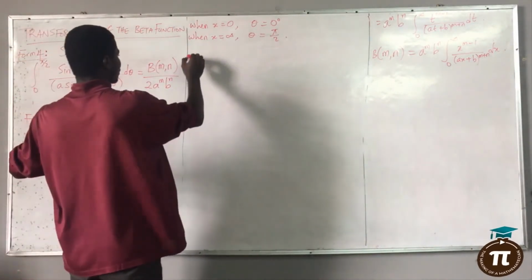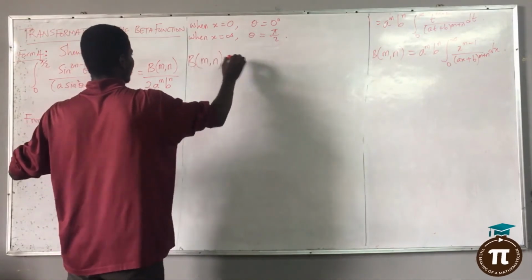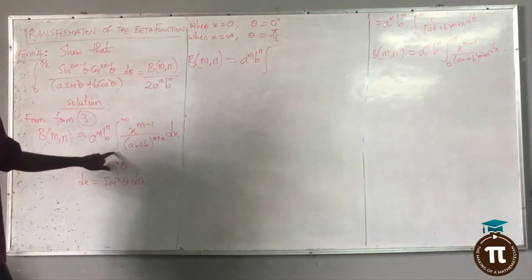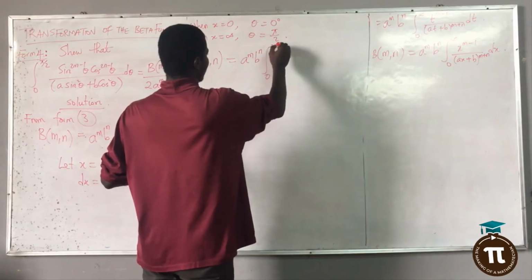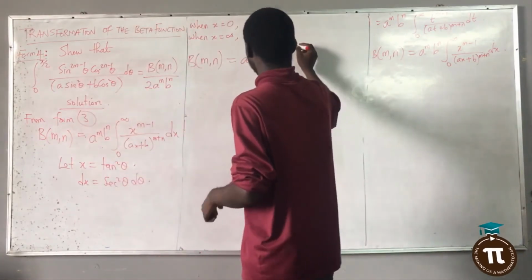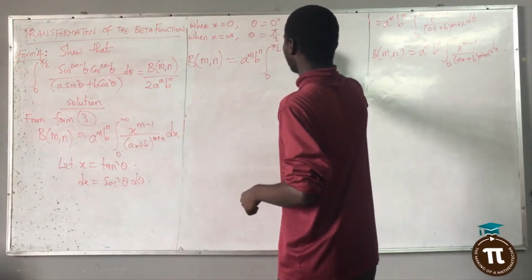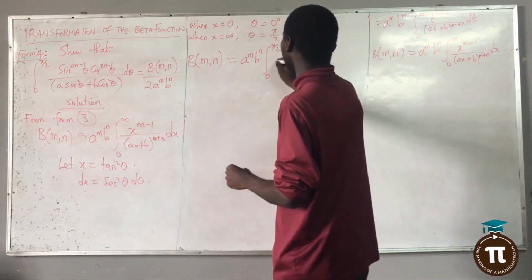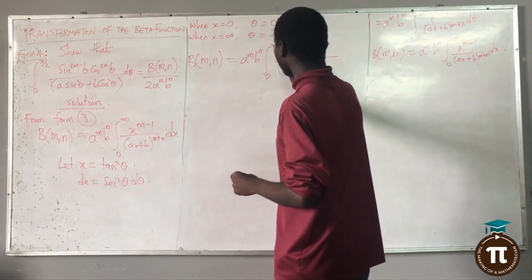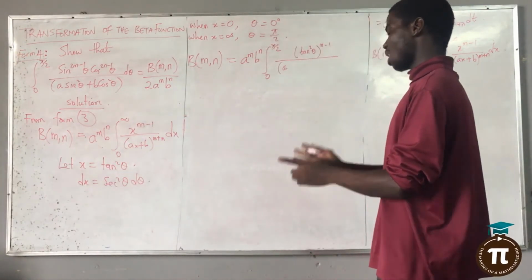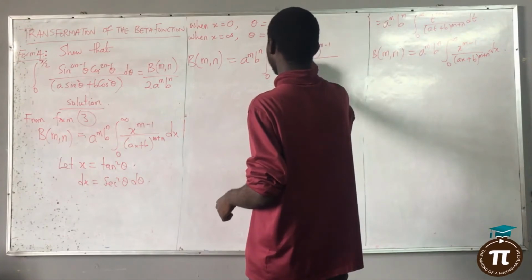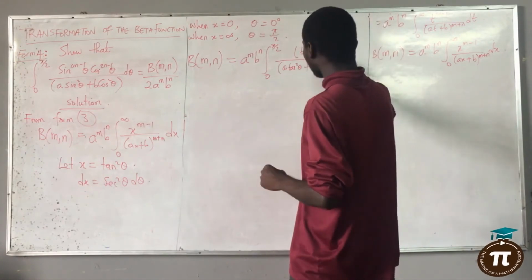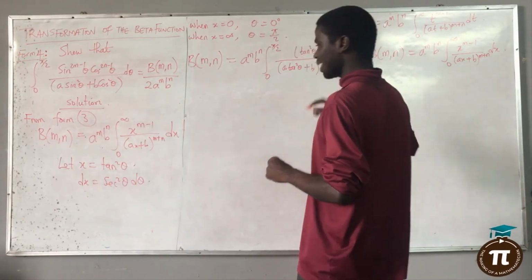Don't forget, the beta function of m comma n will be equal to a raised to the power of m b raised to the power of n integral from 0 to pi over 2 of x. But x is tan square theta raised to the power of m minus 1 all over a x, x is tan square theta, plus b raised to the power of m plus n dx.